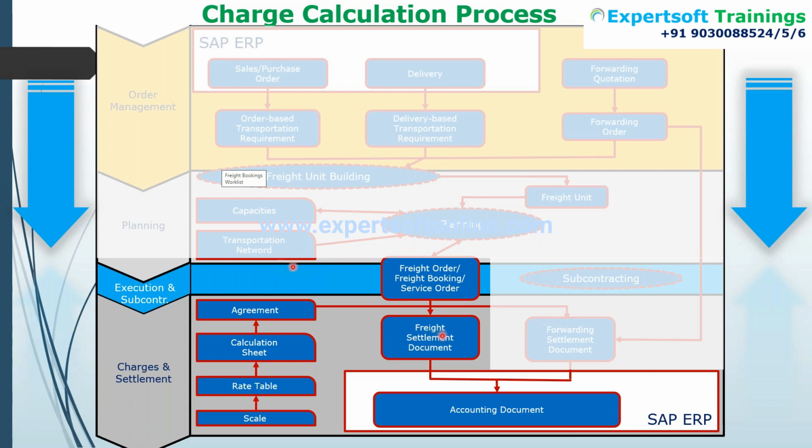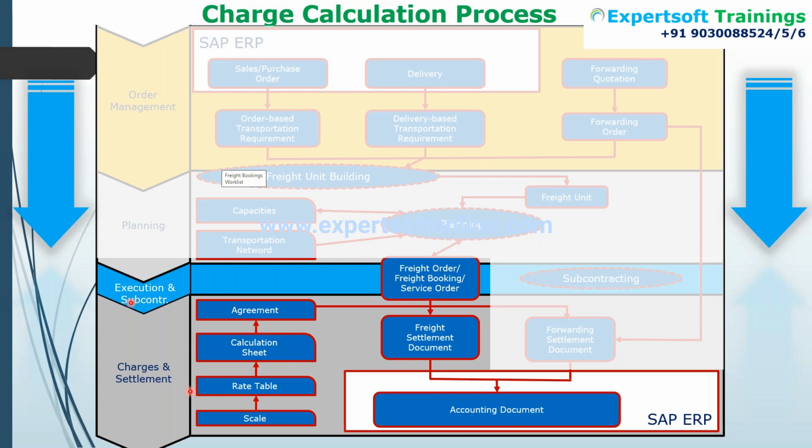That will be a kind of precursor document for my invoicing. So the whole thing which I just spoke to you about in terms of carriers will happen under the process called charges and settlement, because that is the one which is going to help me create the charges, what I am supposed to pay to the carrier. When I say I can be a manufacturer.